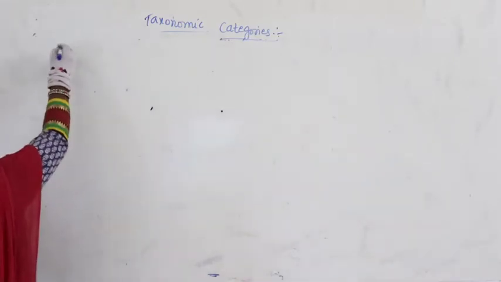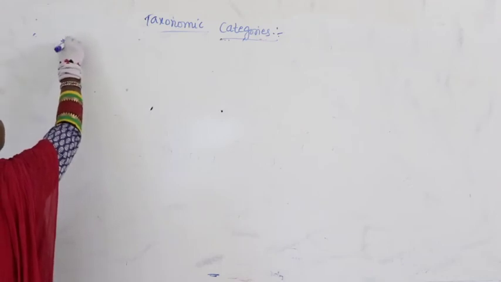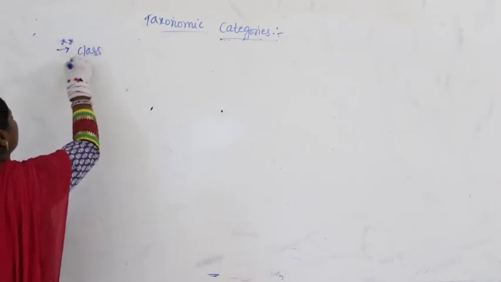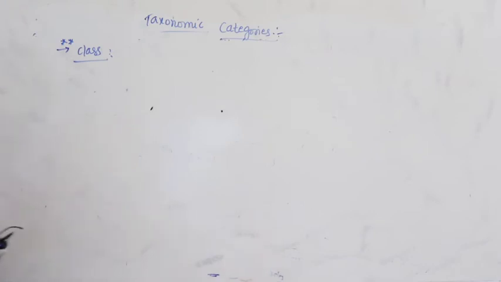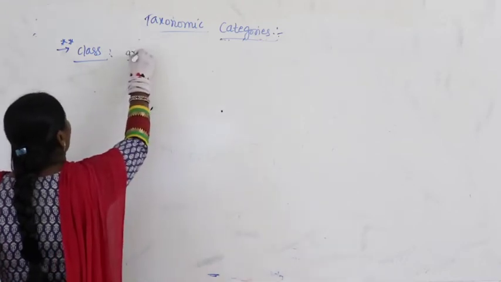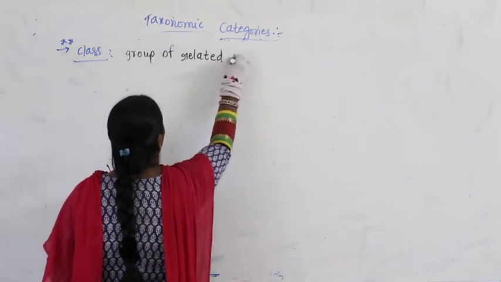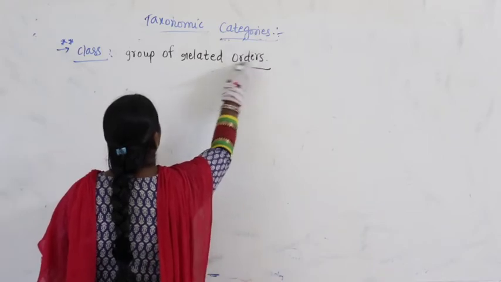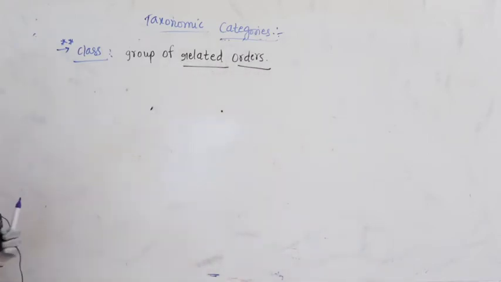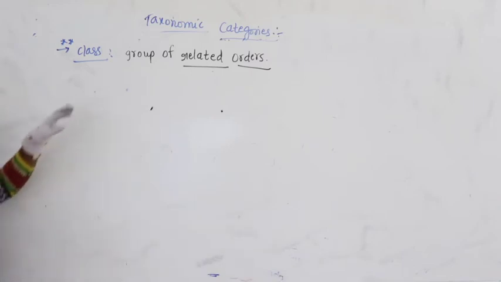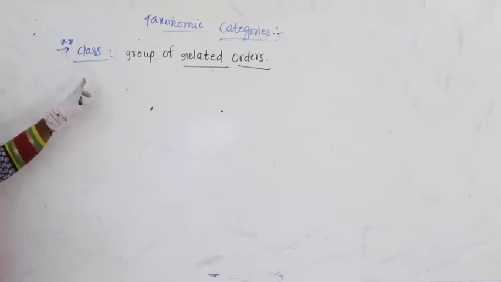When you take the order, now let us continue with class. Class is very important because most of the time we speak about order followed by class. Class is referred to as a group of related orders. When you join different orders together, that itself is called a class.